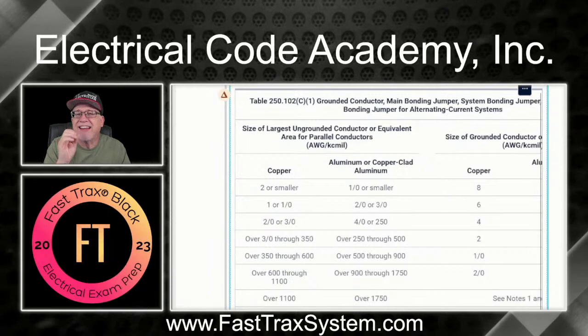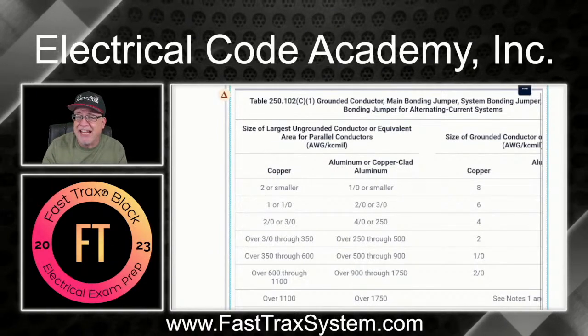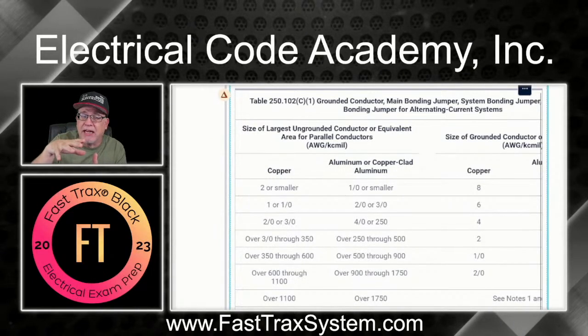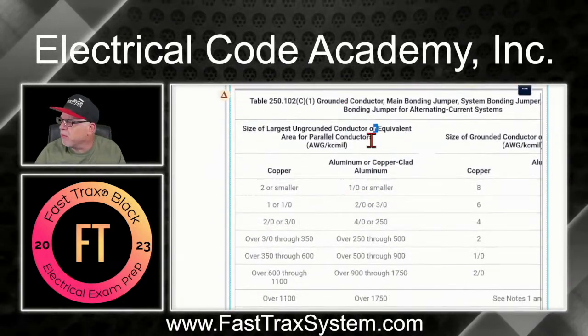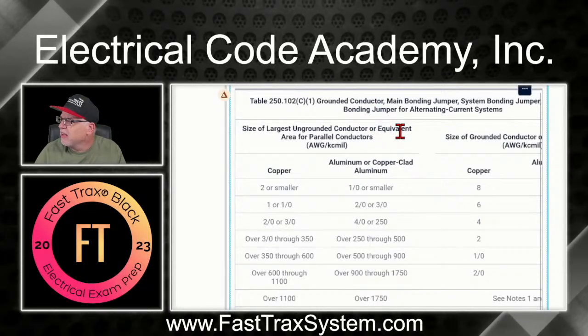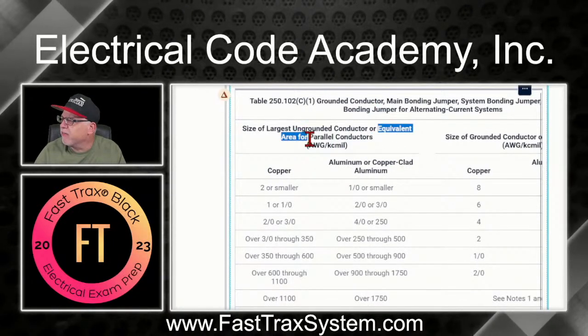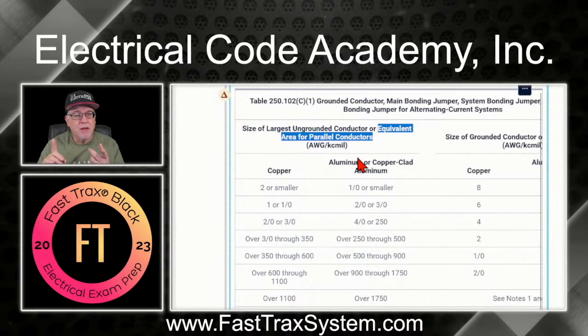So what size is the grounded conductor in that single raceway when it comes to the summation of those parallel conductors? Well, let's go looking over here, and you see right here it says, let me scroll up a little bit, or equivalent area for parallel conductors. Well, that's why we take the 350 and the 350 from the phase A of the 2 sets, and we add them together.